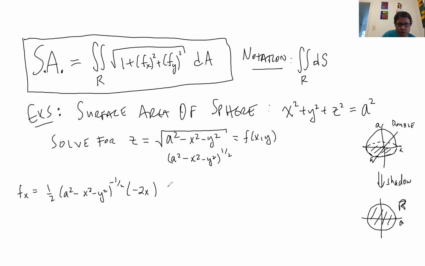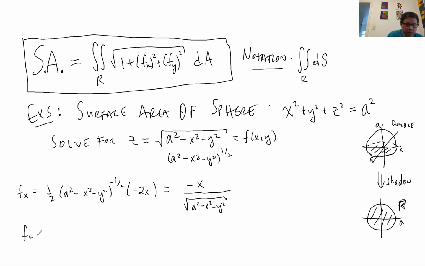So if I clean it up just a little bit, I get negative x, the 2's cancel. The negative 1/2 power means put it in the denominator as a square root. So we get that as our f sub x.